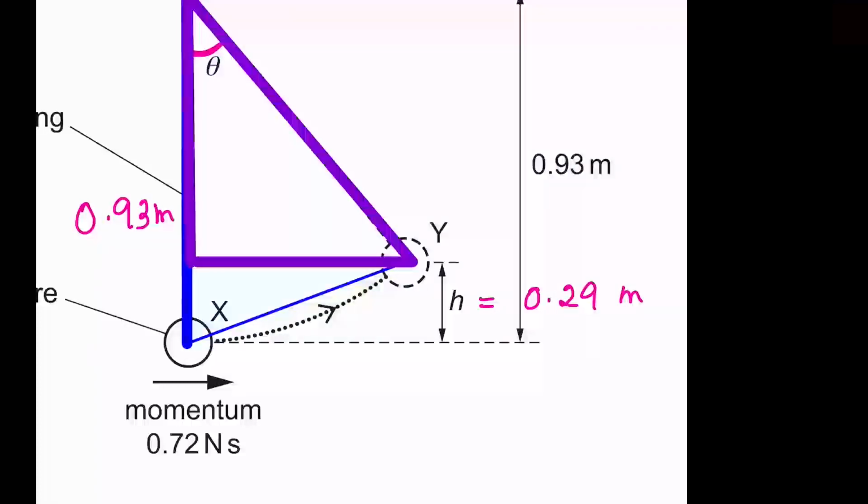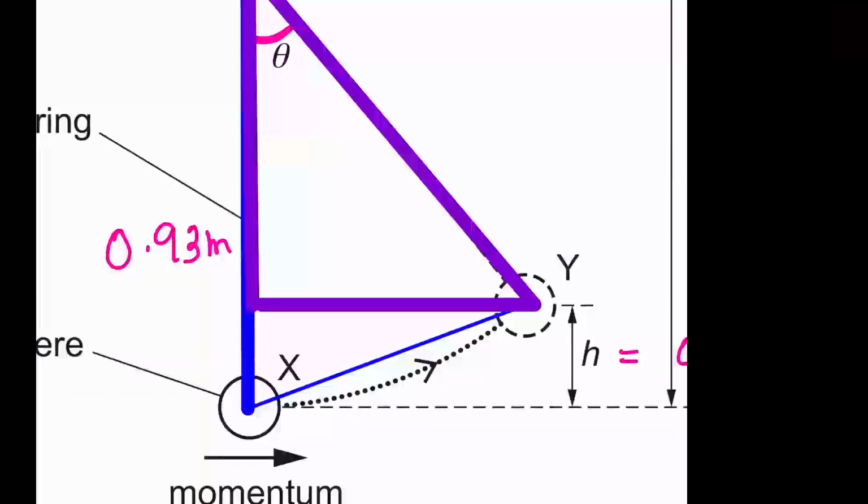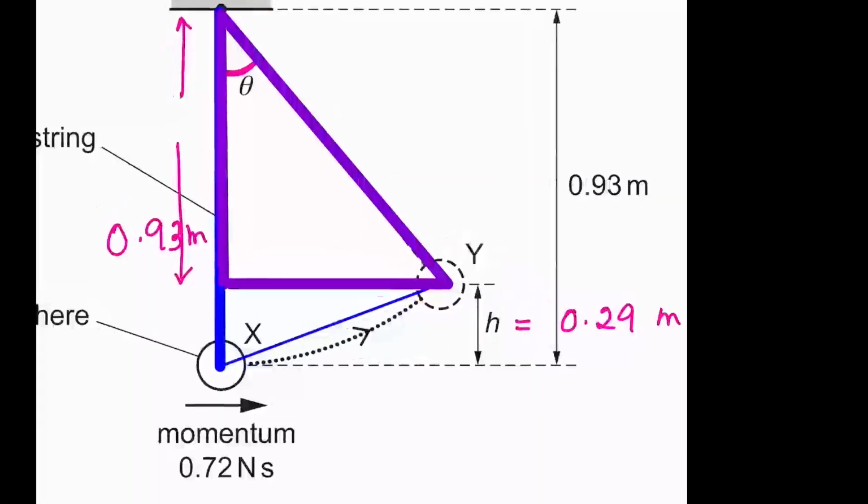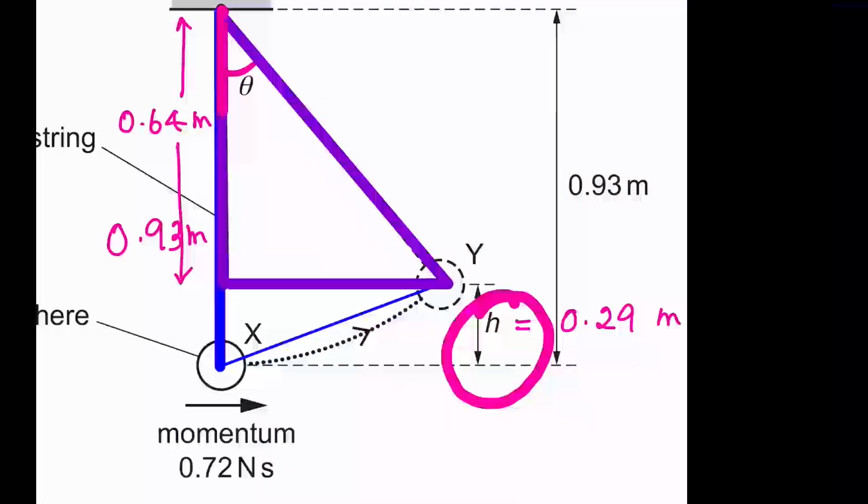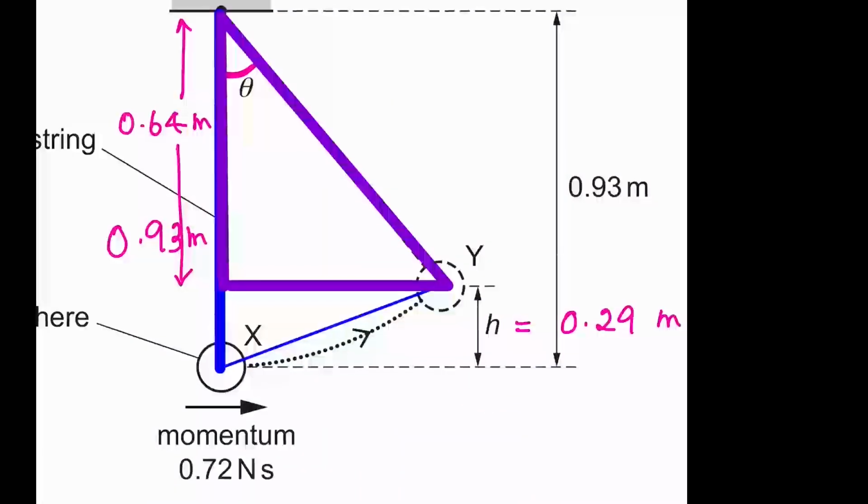If we take this triangle, this length is 0.93 minus 0.29, 0.64 meters. Am I right? This is h, 0.29. This whole thing is 0.93. From the 0.93, if you remove the 0.29, you are getting 0.64 meters.